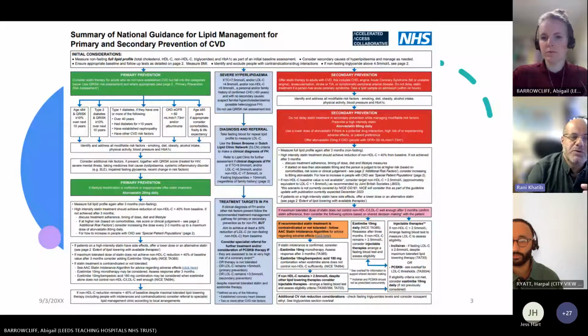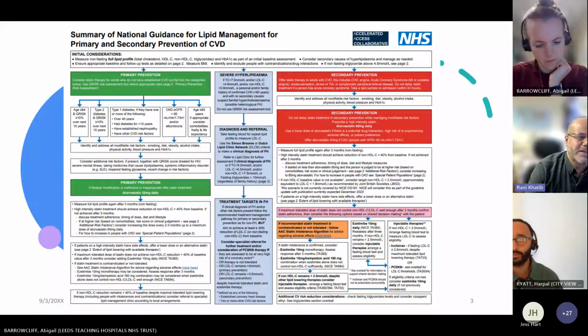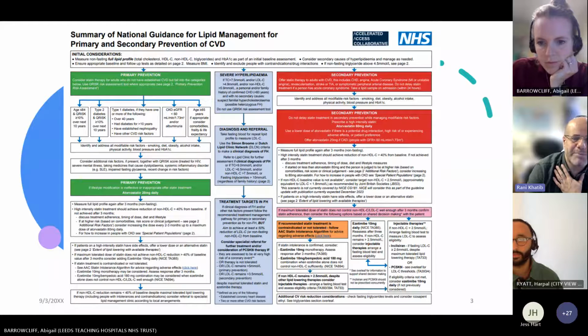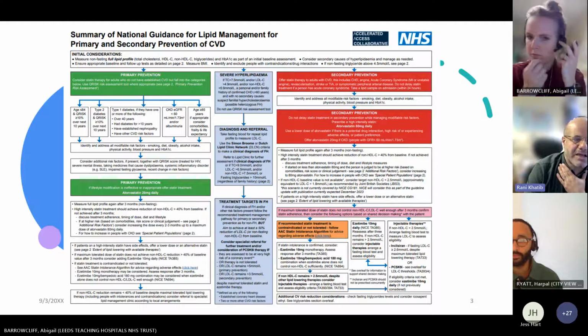And it talks about thinking about the potential contributing factors to high cholesterol, and you need to ensure that they are well managed, such as if somebody's got poorly controlled diabetes, or somebody who's got hypothyroidism. So these are the kind of tests that we're alluding to. So it gives you a bit of an idea of what the baseline tests are that you need to be doing.